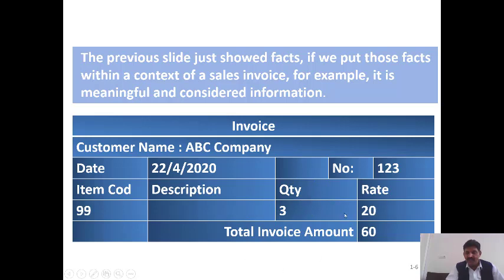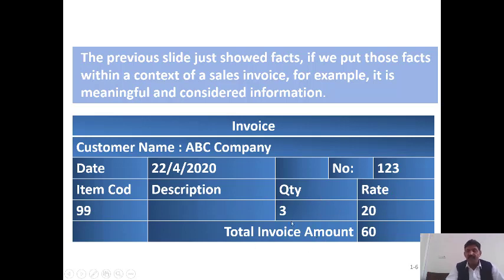The rate is 20 here. Whenever 20 is without an invoice, it has no meaning and we cannot make any decision. But here we know that 20 is the price for item coded 99, so we can make a decision to make more sales to other customers. Total invoice amount, this is the 60.